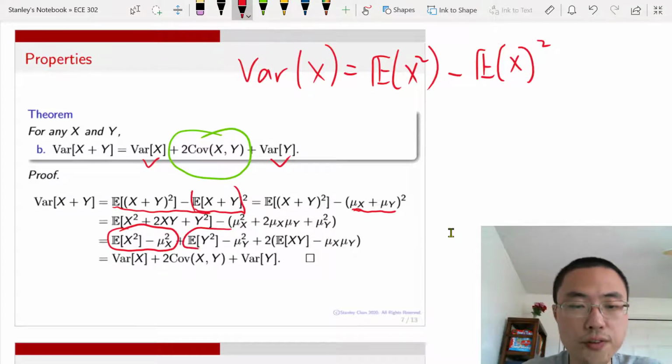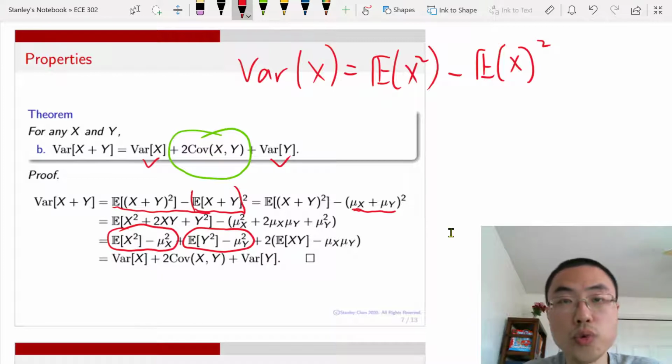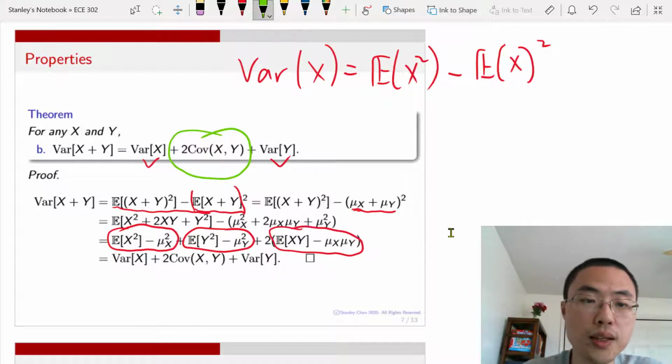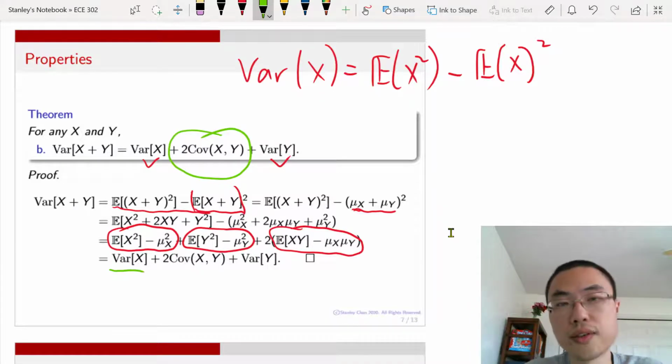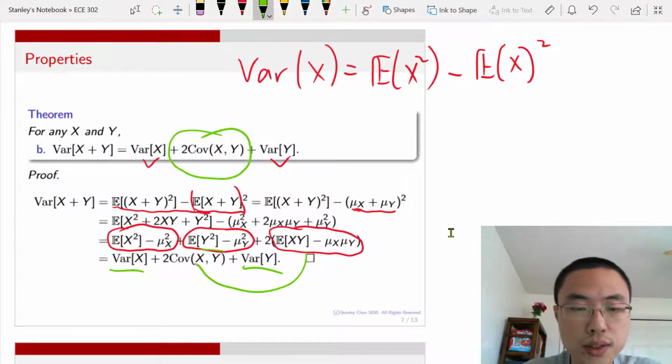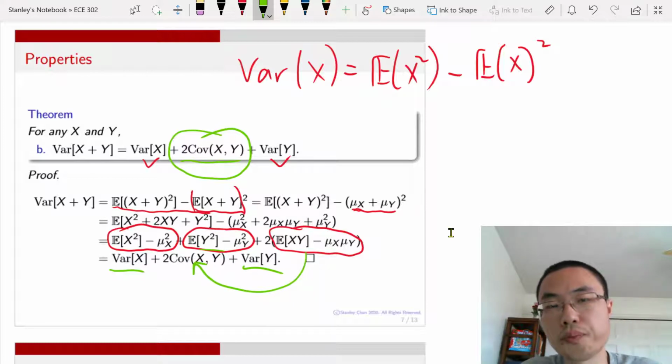And then here you have the second moment of y minus mu y squared, and then 2 times this term. And precisely this is the variance of x. That one is the variance of y, and this one is 2 times the covariance of xy. So that explains why you have this covariance that comes out.